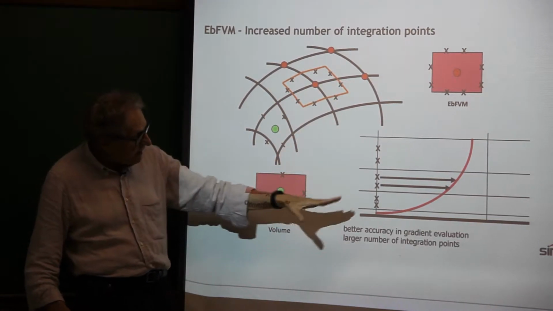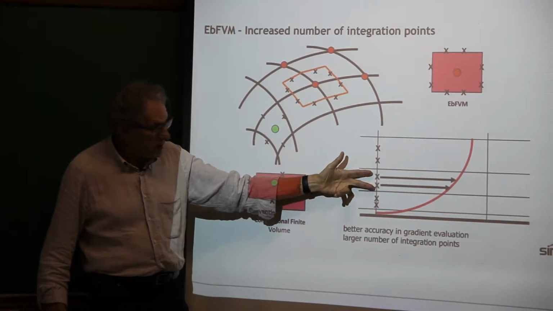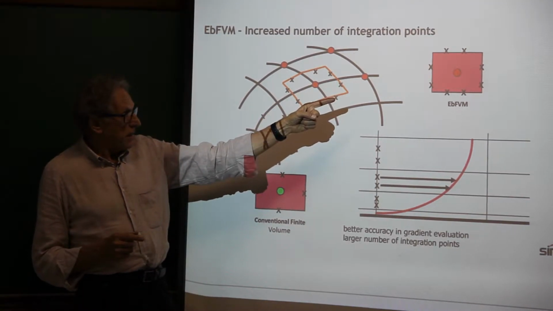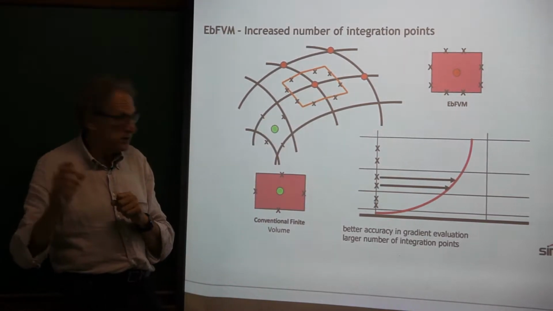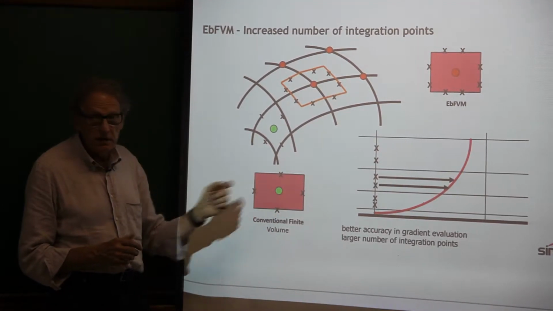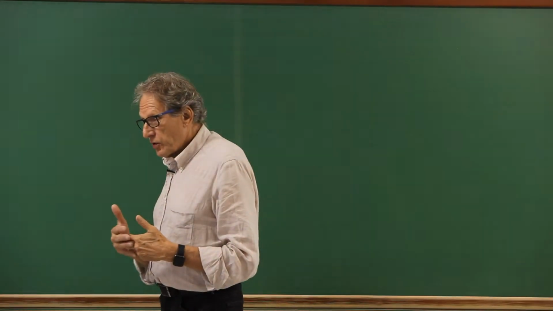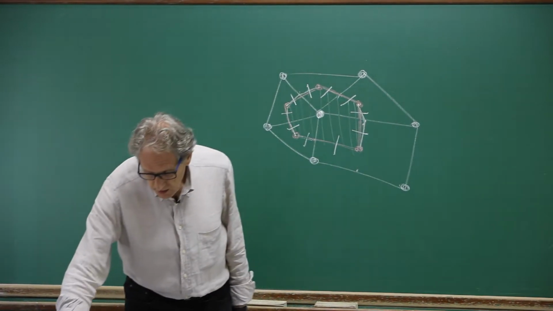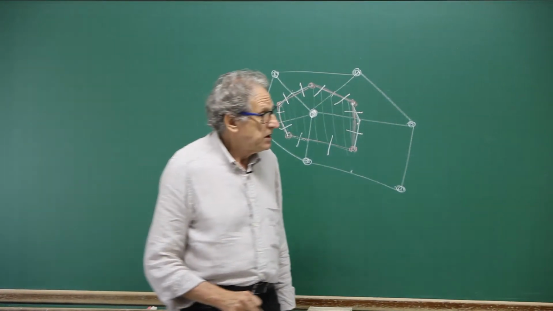If you are, let's say, evaluating a gradient, you have more integration points in the same distance. Then there is the stencil for the unknown and where you calculate the fluxes. In the conventional finite volume, you calculate in the middle of the face. So there are more integration points, which means increased accuracy in the calculation.